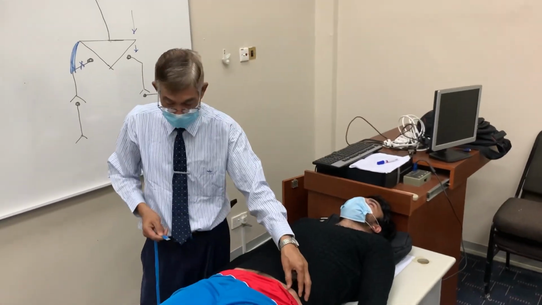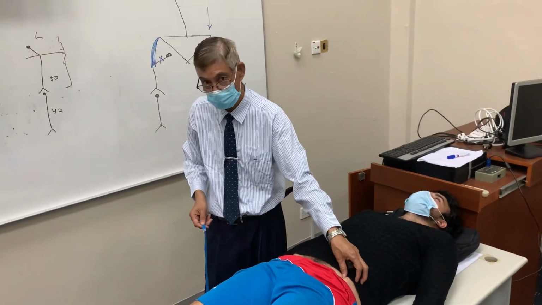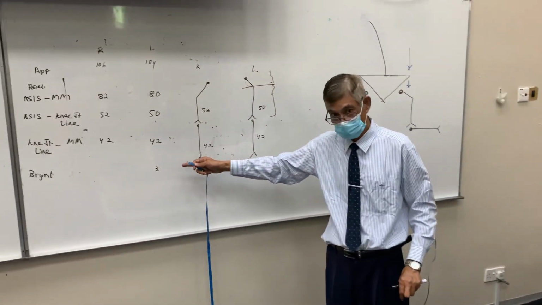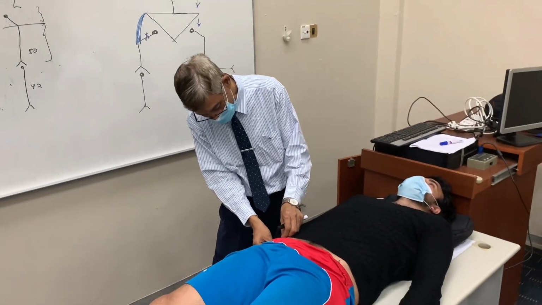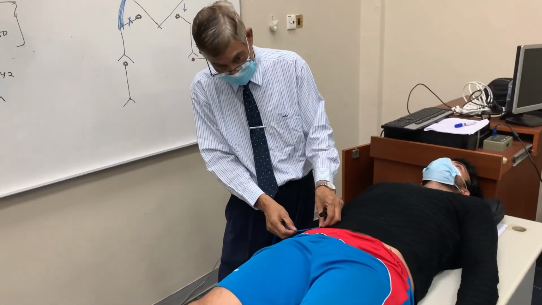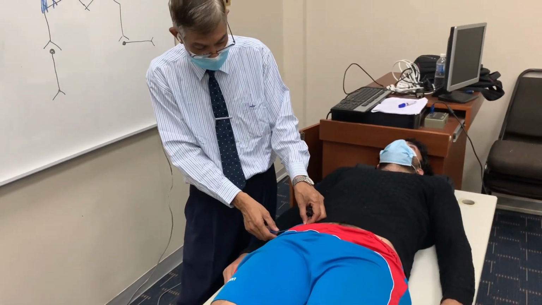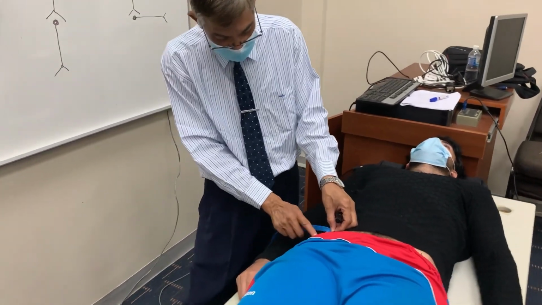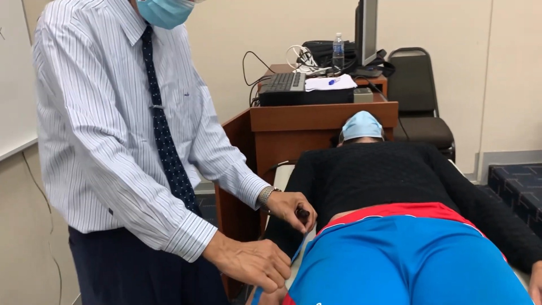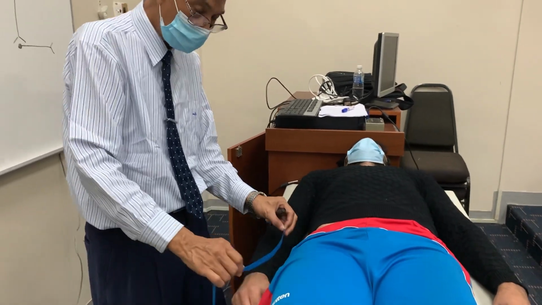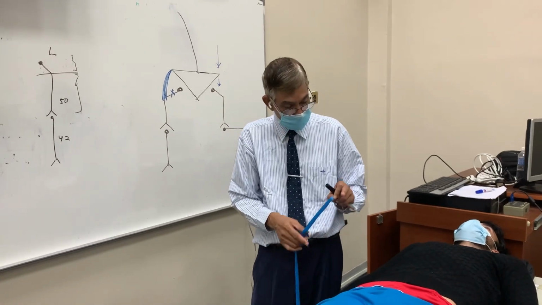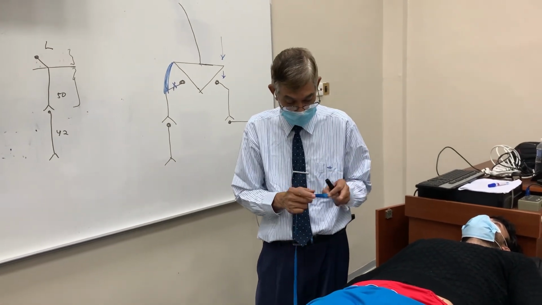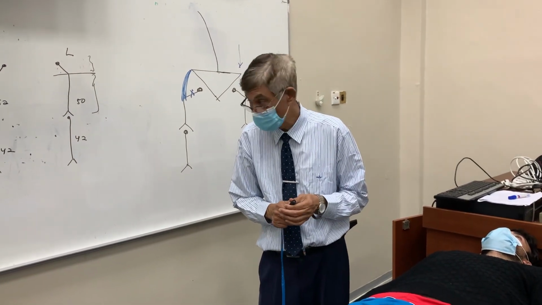Now, you have already done it on the disease side, here 3 centimeters. Then you do it on the normal side. Vertical line the same, from the anterior superior spine, and horizontal line from the greater trochanter. There is an intersection point. You have to measure between the intersection point and the tip of the greater trochanter.